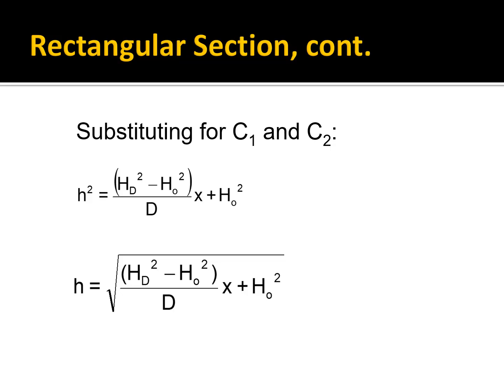If we solve this for h, take the square root of both sides, we now have a very simple equation that, given hd and h0, which are the boundary conditions on the two sides, and the length of the section d, is a function of x that describes how the hydraulic head varies. x is 0 on the left hand side, and so as you increase from 0 to d, this will tell you what the height of that phreatic surface is.